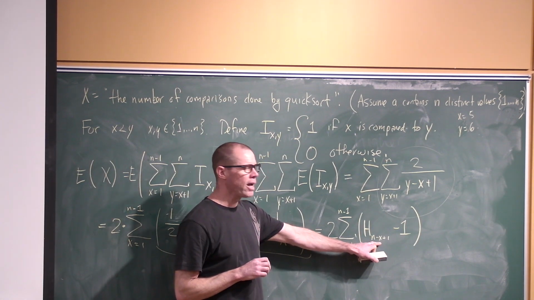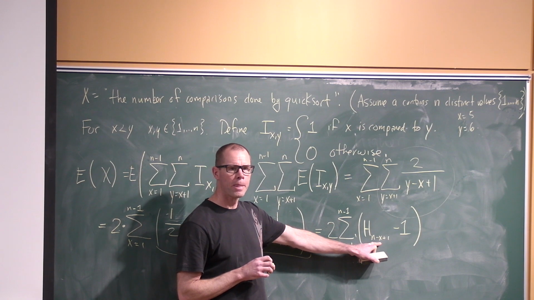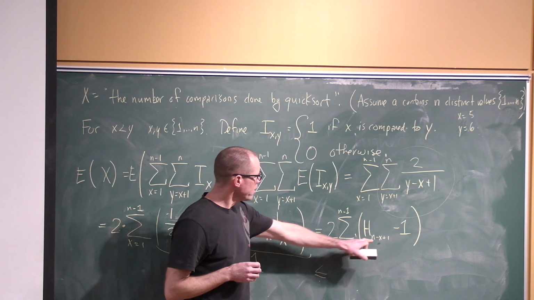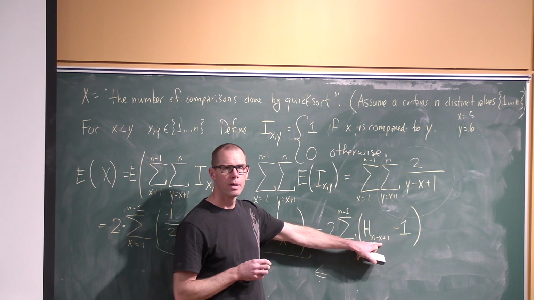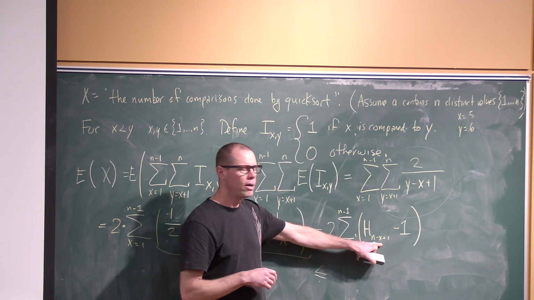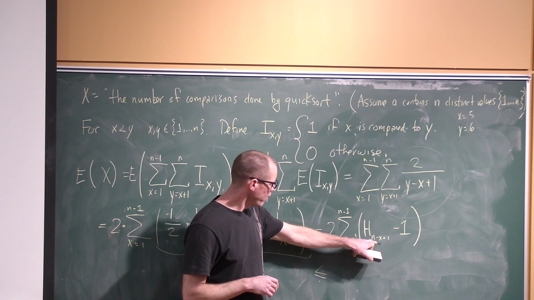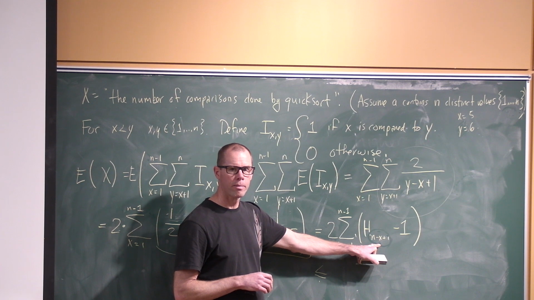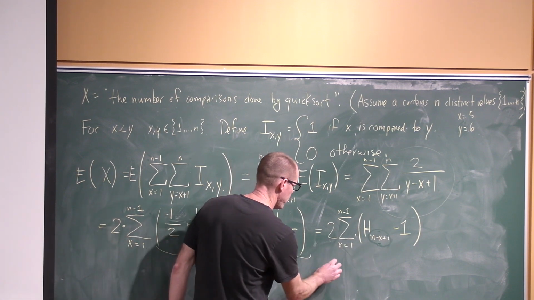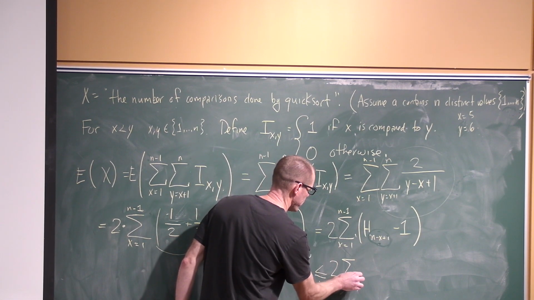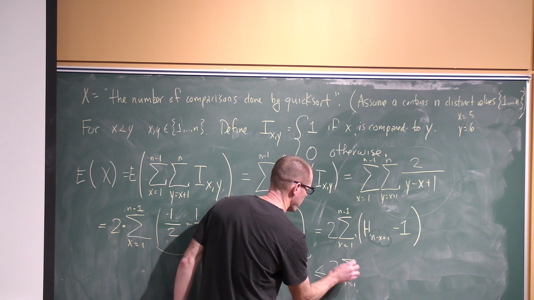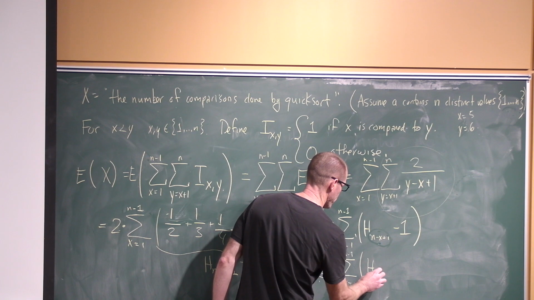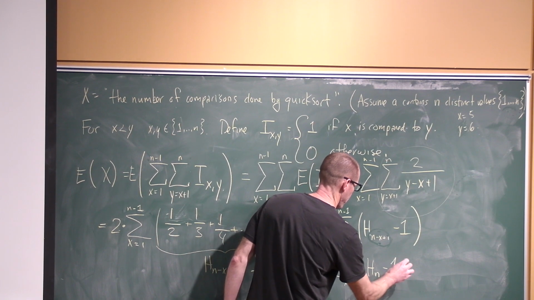This minus x is annoying down here. But I know that x is at least 1 and is sometimes bigger. So whatever this thing is, it's not bigger than n, right? So that's less than or equal to 2 times the sum, x equals 1 to n minus 1 of h sub n minus 1.